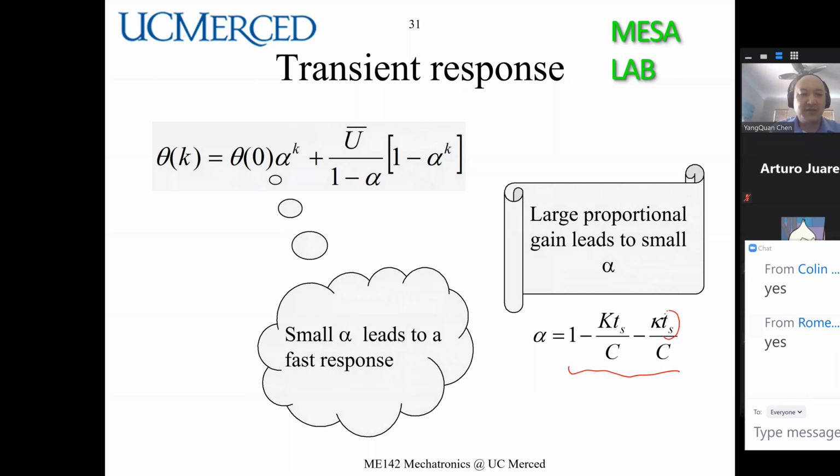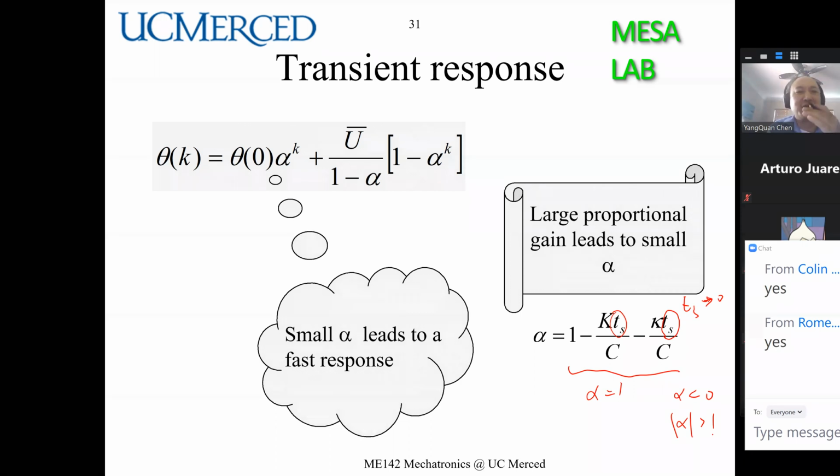If you say I sample so fast, remember alpha is this, so Ts goes to 0, then alpha is 1. It's not going to decay to 0, right? So sampling too fast is no good here. But sampling too slow, Ts is too big, then alpha could be negative, and the absolute value of alpha could be greater than 1.